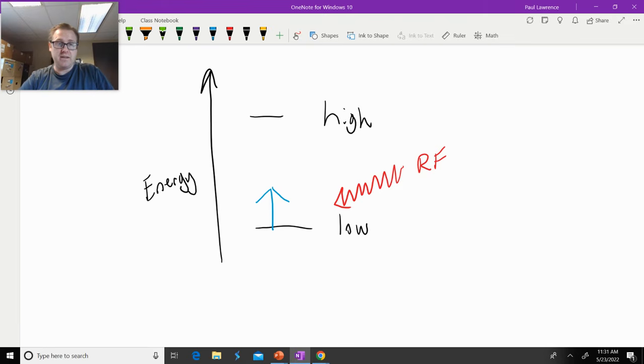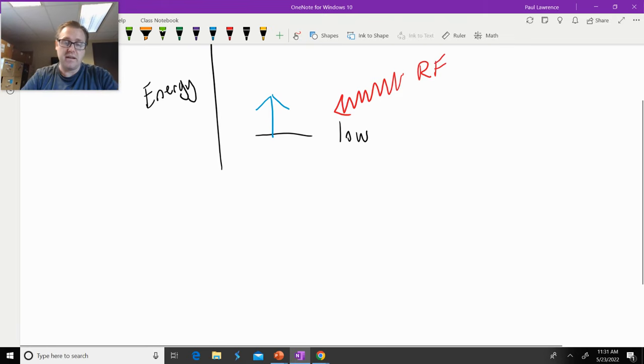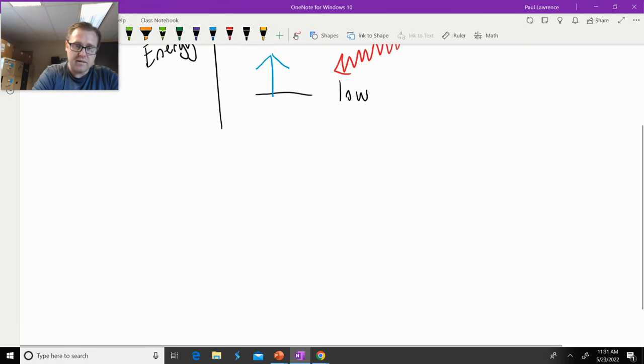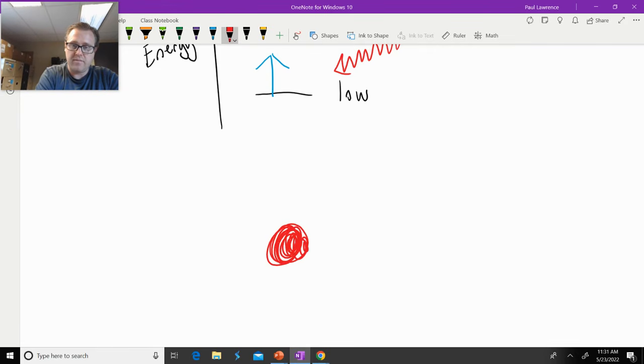A nucleus has nuclear spin. So what we have here is, if we draw a proton, let's draw a proton here, just a little. So what I'm drawing is a circle trying to represent a proton. Now that proton we know is positively charged. So it's a charged particle.